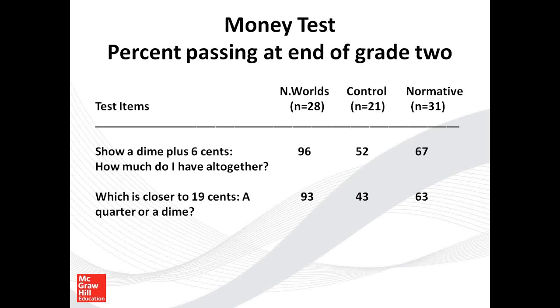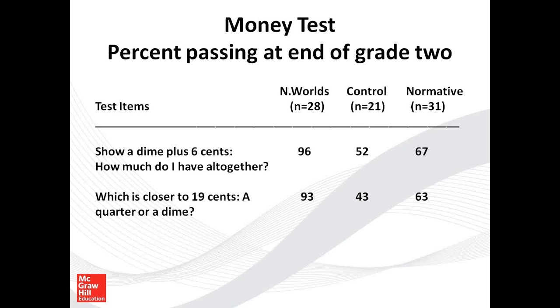Only 2/3 of the normative group, 67%, and only half of the control group were able to get that correct answer. As most of you will probably realize, many struggling students will be very tempted to discount the coins and say, I have 7 altogether, or 7 cents.